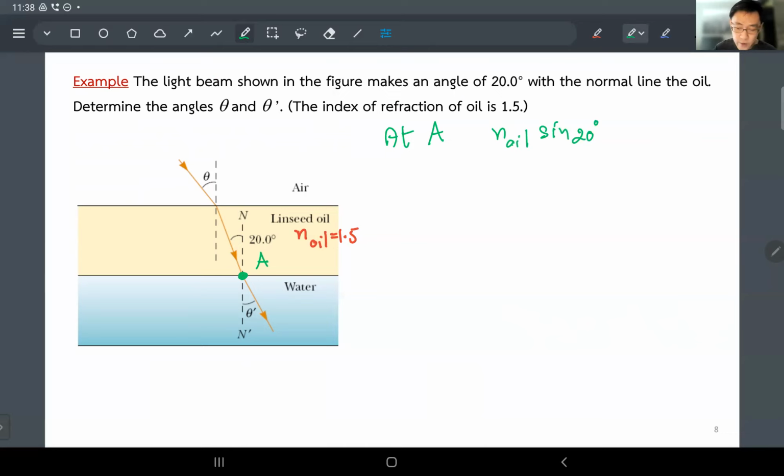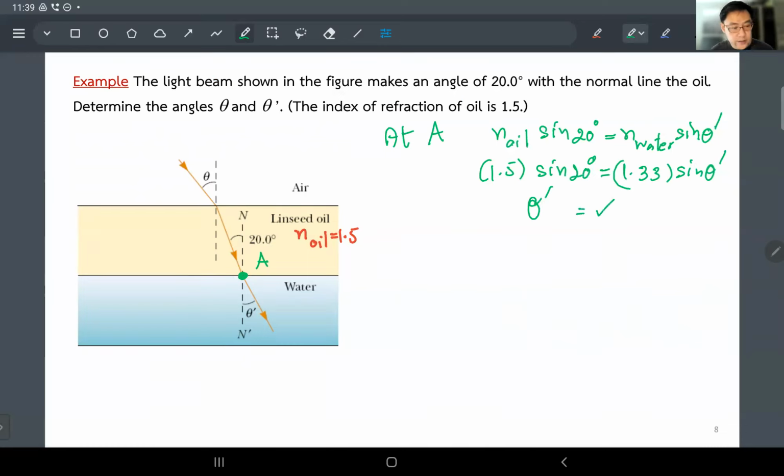So I can use that 20 degree angle right away, equal to, in water underneath, and then you want to figure out the theta prime. So you put sine theta prime there. Because n in oil is known, 1.5, sine 20, you can punch the calculator. n in water is also 1.3. We just saw that. And then you can figure out theta prime. You are done. Okay.